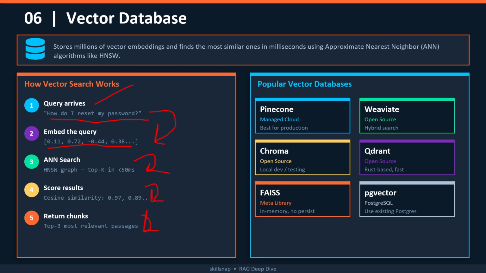The most popular vector databases are Pinecone, Chroma, FAISS. FAISS is a Facebook one, and Chroma, all of these are open source, and Weaviate, Qdrant, and PGVector as well.